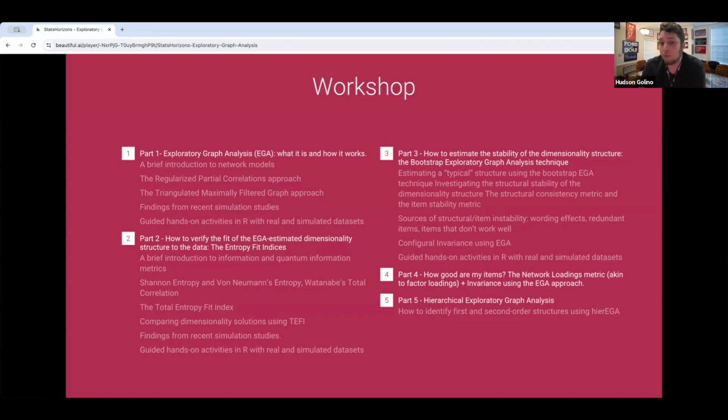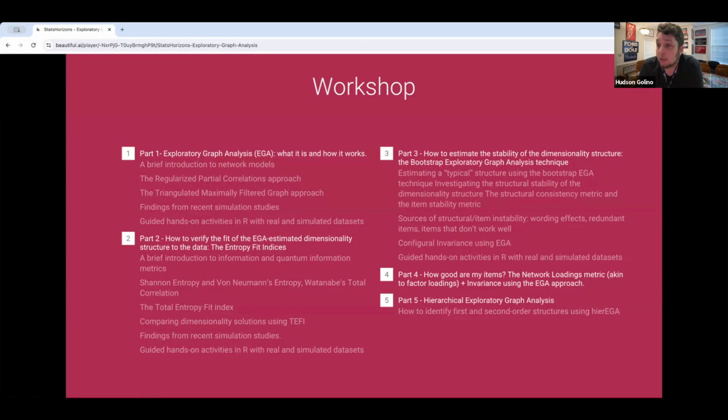Part 3 will focus on how to estimate the stability of the dimensionality structure, the Bootstrap Exploratory Graph Analysis technique. So how to estimate the typical structure using Boot EGA, how to verify the stability of the dimensionality structure, and how to compute the structural consistency metric and the item stability metric.